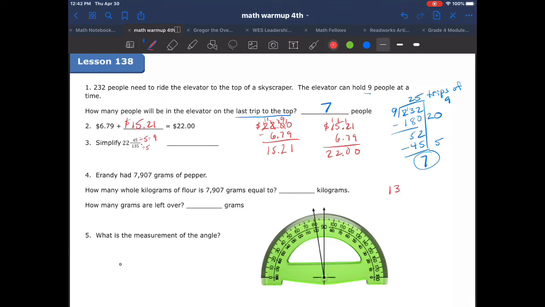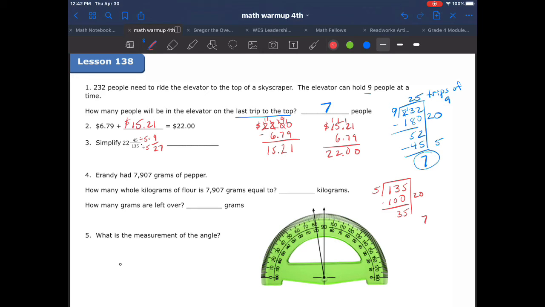Let's do it way over here. 135 divided by 5. And let's see. We could do 20 would get us to 100. We'd have 35 left. Could do 7 more. Okay, so 27. So this equals 27.